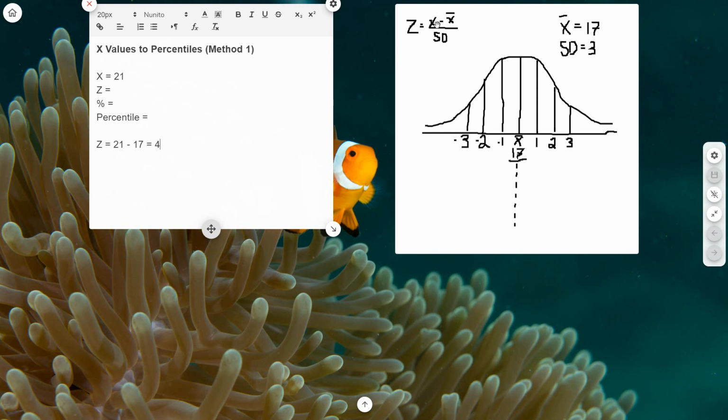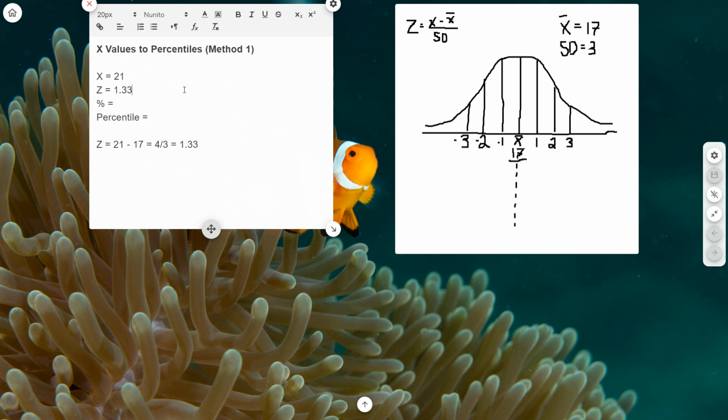And then, of course, we're going to divide that by the standard deviation, which here is 3. We know that 3 goes into 4 one time, and what's left over is 1.3333, which converts to a decimal of 33. So then we come up here for the z-score and hit 1.33, and that one's done.